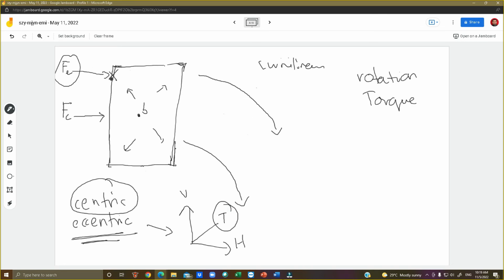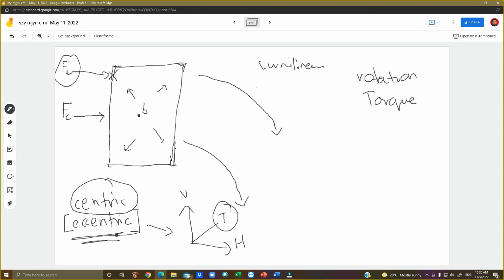The more force you give, the faster the rotation is going to be. But you still have movement forward. The book is not going to rotate at one place. The thing that I want you to have is that eccentric force is force given not straight to the center of gravity, and it will cause rotation.